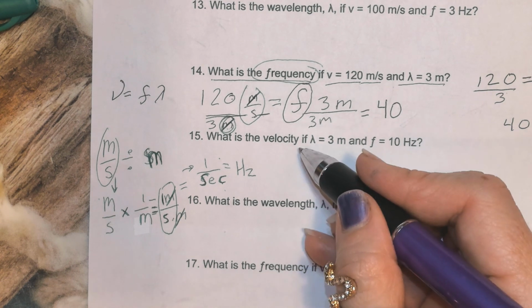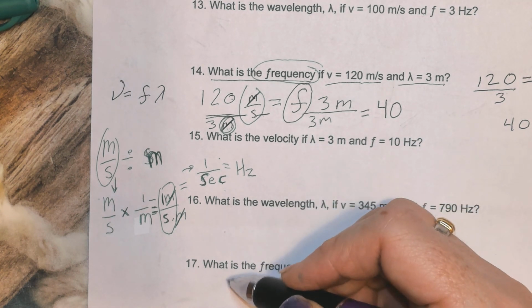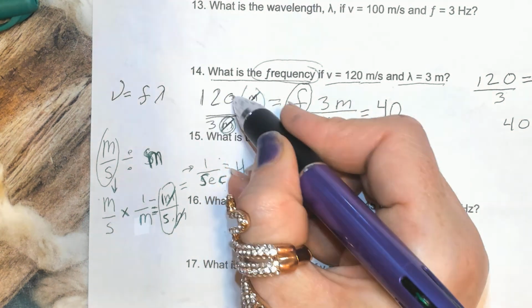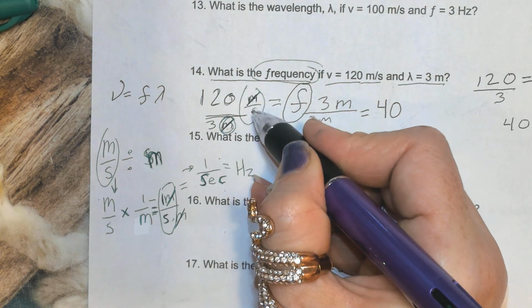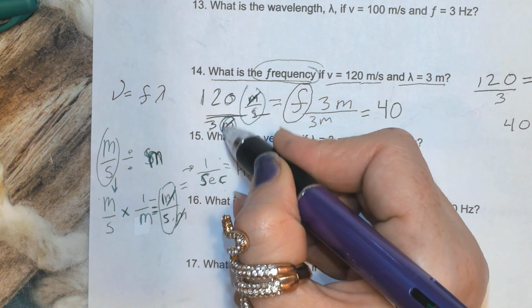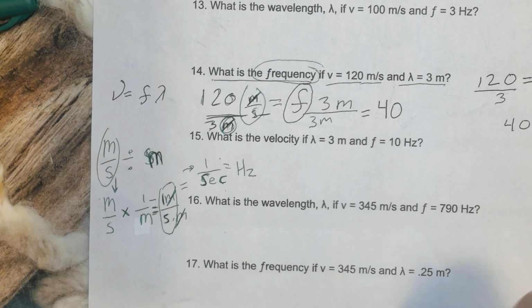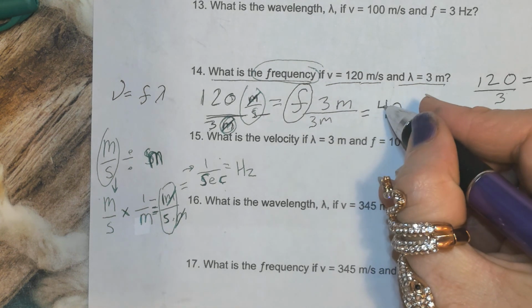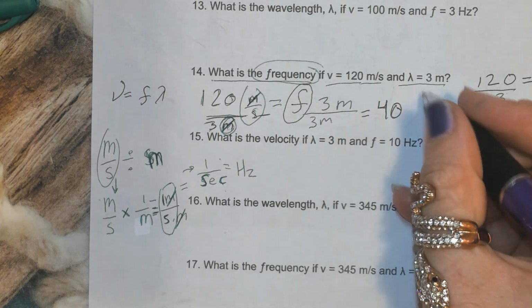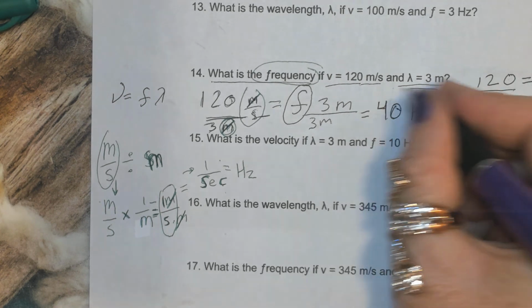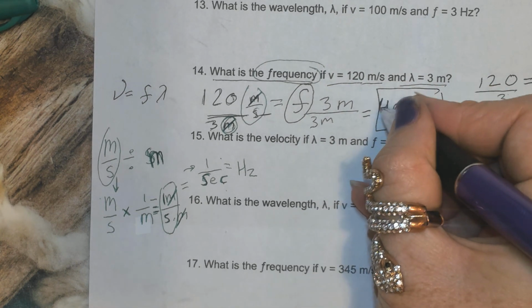Because of the dimensional analysis, I know I got it right. So I got 120 meters per second divided by 3 meters equals 40 per second, which is hertz. There's the frequency.